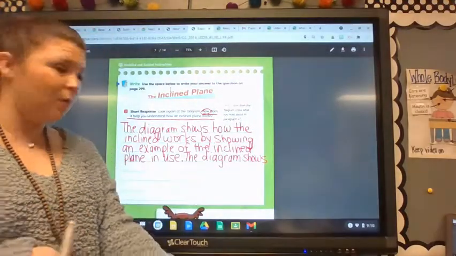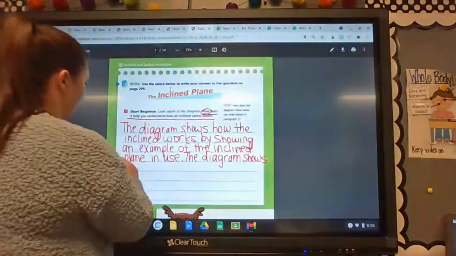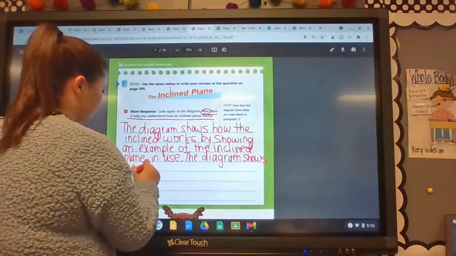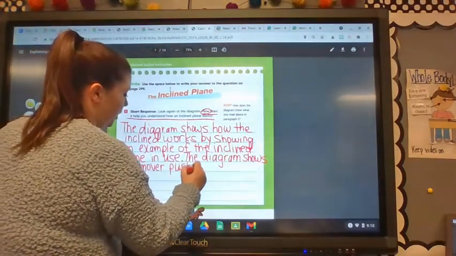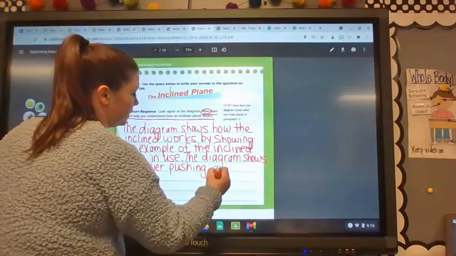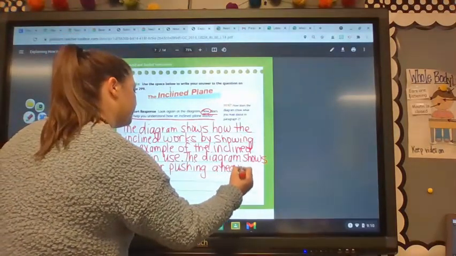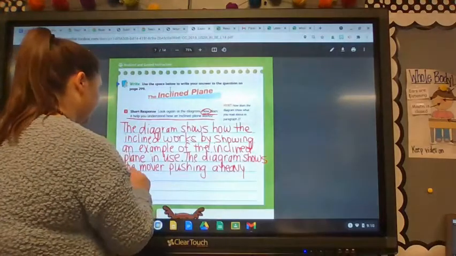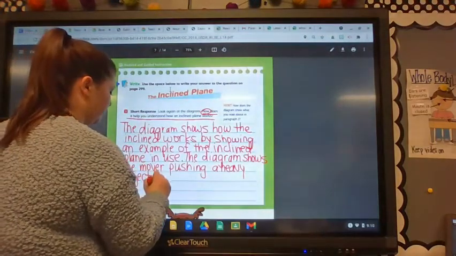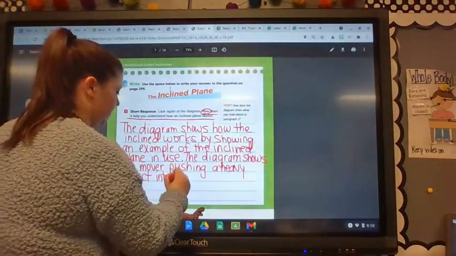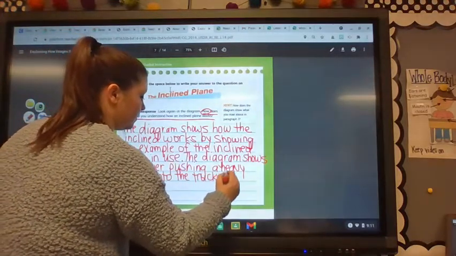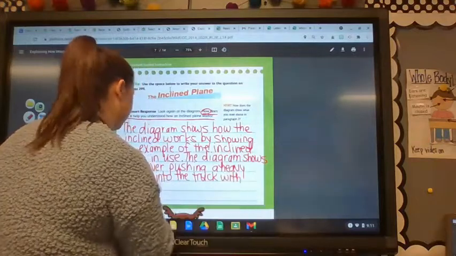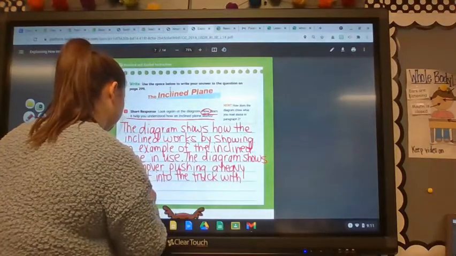It looks like she's doing it with ease. So the diagram shows the mover pushing a heavy object into the truck with ease. Okay?